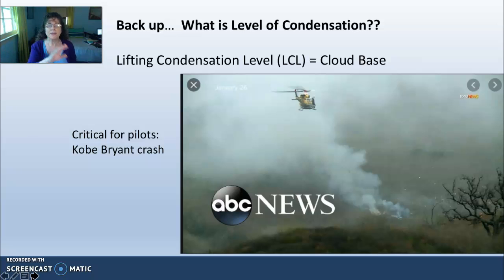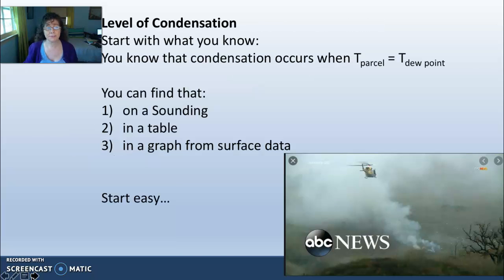So finding the level of condensation, or as it's known, the LCL, the lifted condensation level, you are finding the lowest altitude where fog base forms, or the lowest altitude where a cloud forms. Let's see how you do that, because you already know a lot of this.